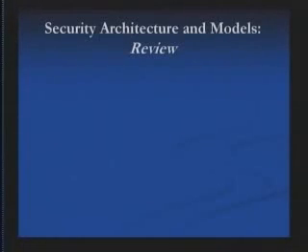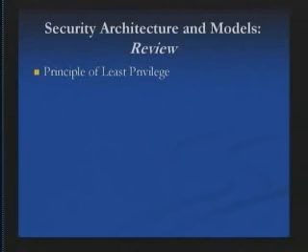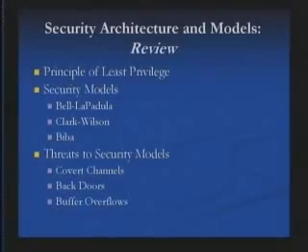So, brief review here. When we talk about the second domain, security architecture and models, we need to have management consciously and in writing address what is going to be their response to this principle of least privilege, which security model they are going to be using and why, and then how they are going to address threats to these security models.